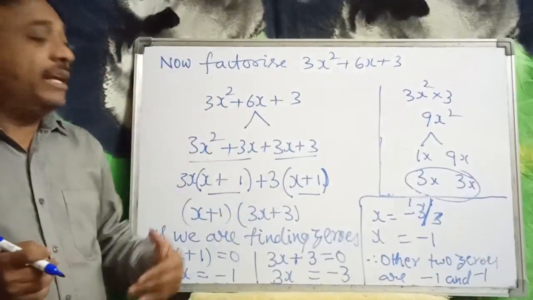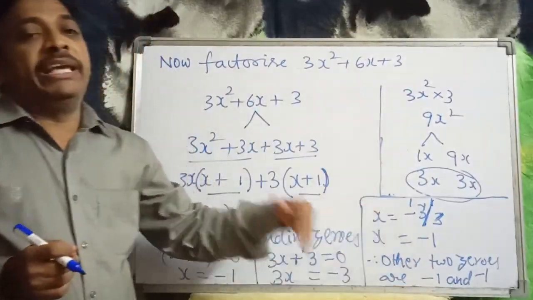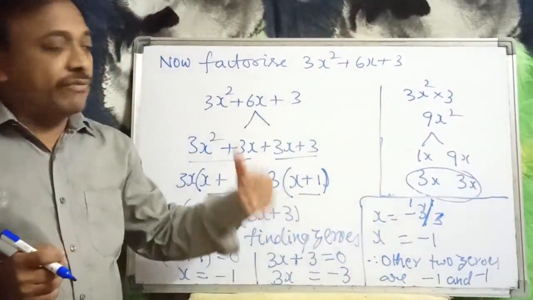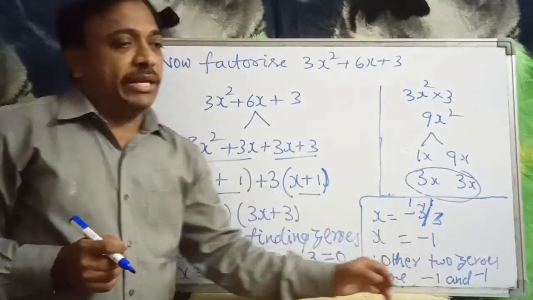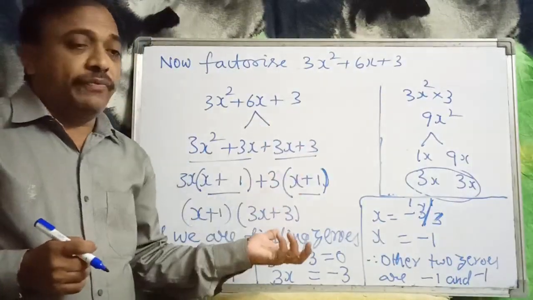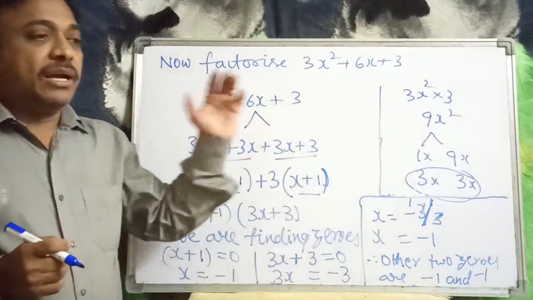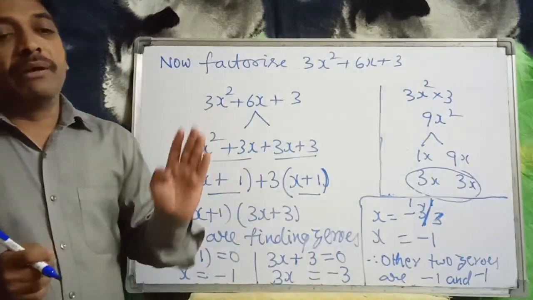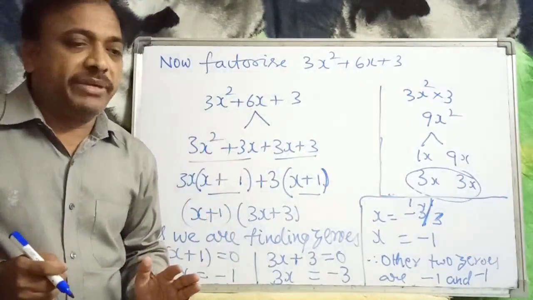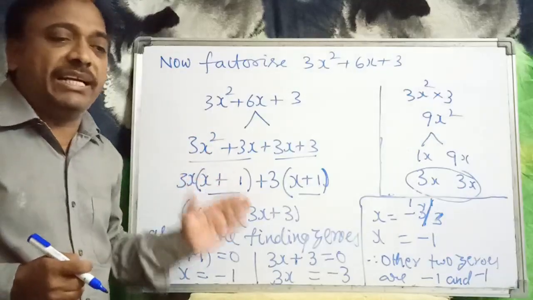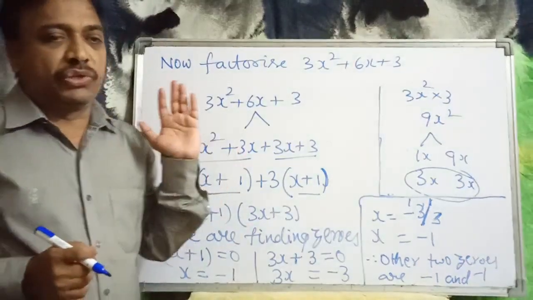He gave two zeros, then we obtained two more zeros. This is how we have to find when they give two zeros and the other two zeros for a biquadratic polynomial. Very, very important question. I hope you understood.